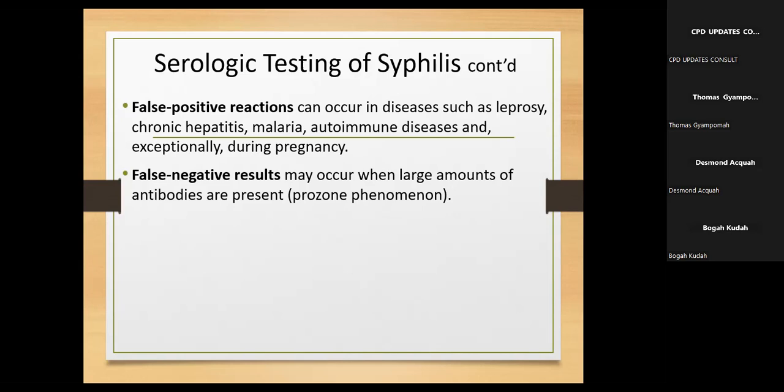You have added something to today's discussion on that. So all I'm saying is that there are situations where there can be false negatives. And one of the major causes of false negatives could be prozone phenomenon or prozone effect. In prozone effect, we are saying that there are more antibodies than expected.